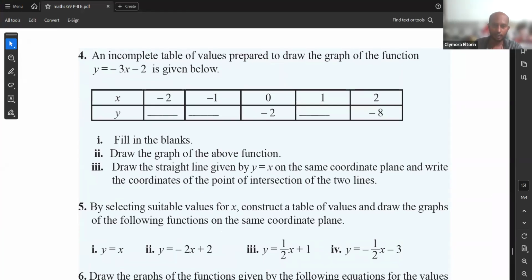I'll explain that one later. First, question number 4 as homework. Then I'll send another video to check your corrections by yourself.